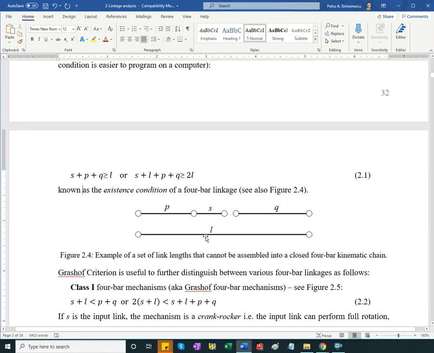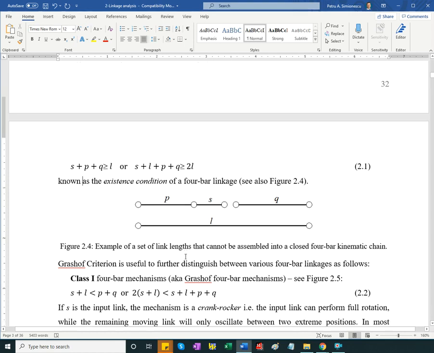And the case where L is too long is illustrated here. So I have P and S assembled, Q by itself. I want to join these two half pin joints and these two. If I have a gap here, then assembly is not possible.